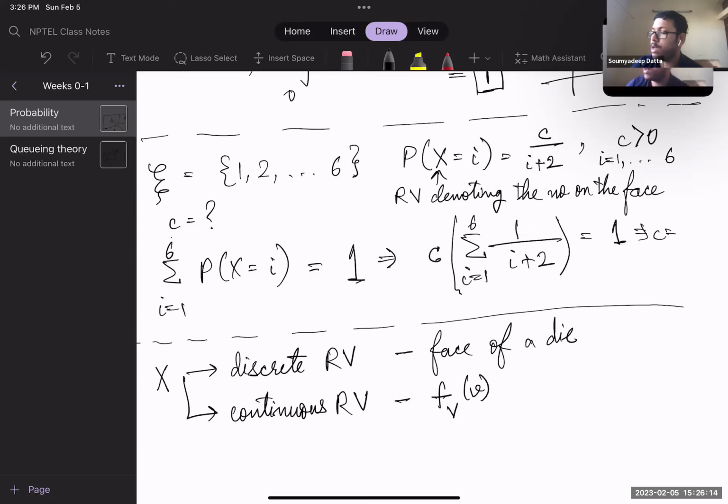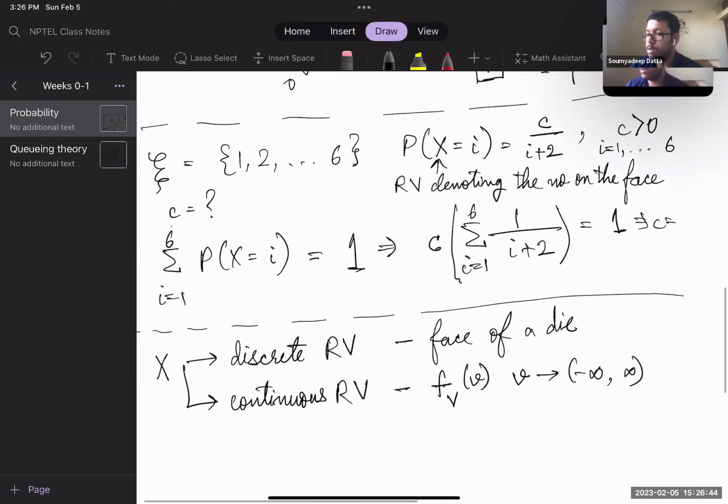I want to create a probability distribution. Now this voltage V can take the value from minus infinity to infinity almost, right? Because voltages can be negative, positive, it can take any value, but it has to be a real numbered value. Typically in real circuits, we won't be dealing with imaginary voltages. So these are the two kinds of random variables.